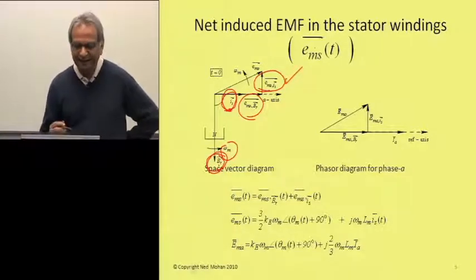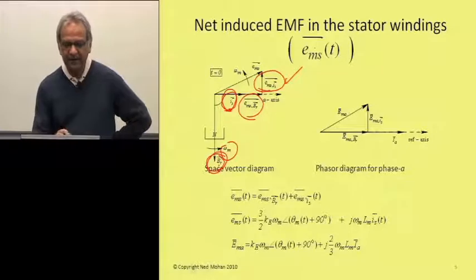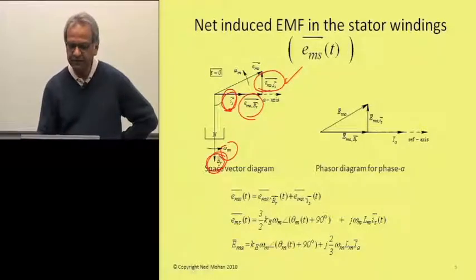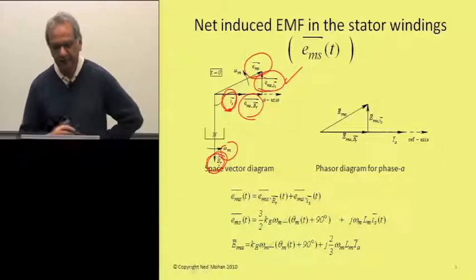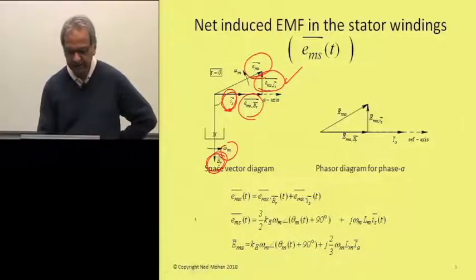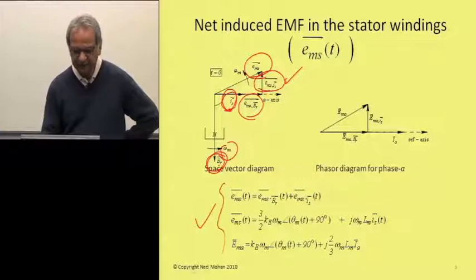So the net induced EMF is the vector sum of these two, and that's this over here. This is mathematically expressed by means of these three equations.